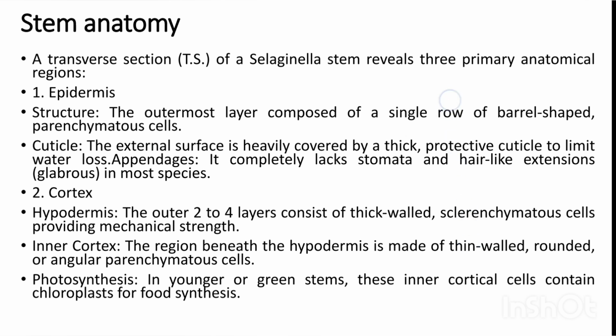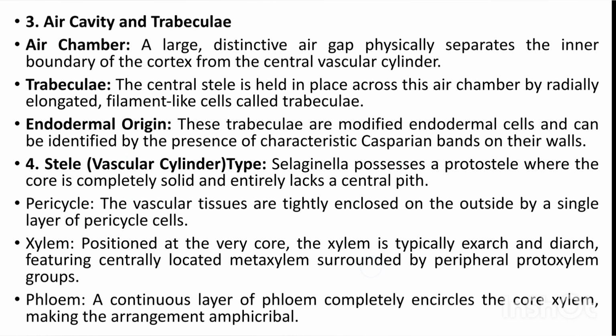Then the cortex layer is there under the epidermis, with hypodermis, then inner cortex. In younger or green stems, some cells of the inner cortex contain chloroplast for food synthesis and photosynthesis.